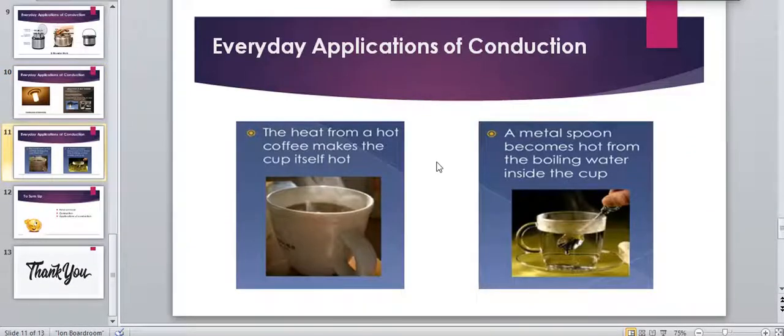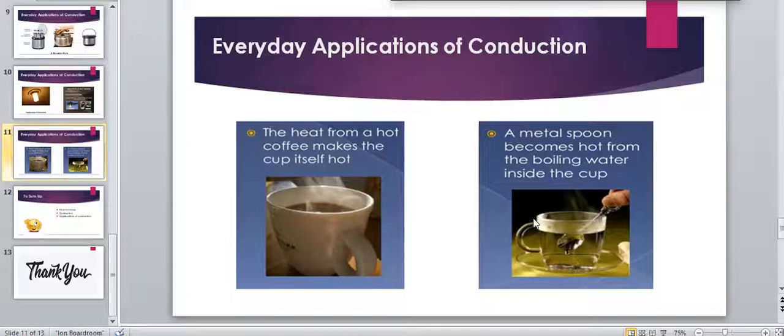Some of the other applications of conduction can be seen in these two instances as well. The heat from a hot coffee makes the cup itself hot, so you can only hold the cup from the handle.